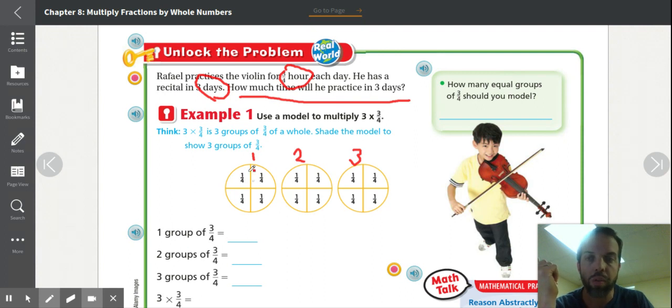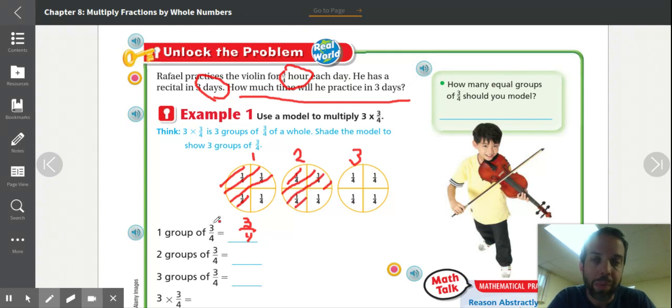So one group of 3/4. So I'm going to shade in 3/4. Okay. One group of 3/4 would be 3/4. Let's go to day 2. Two groups of 3/4. I'm going to shade in again 3/4 on my model.